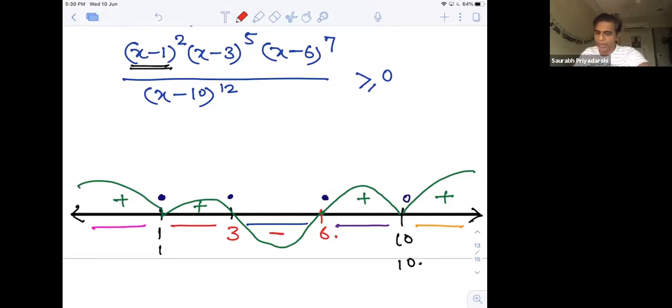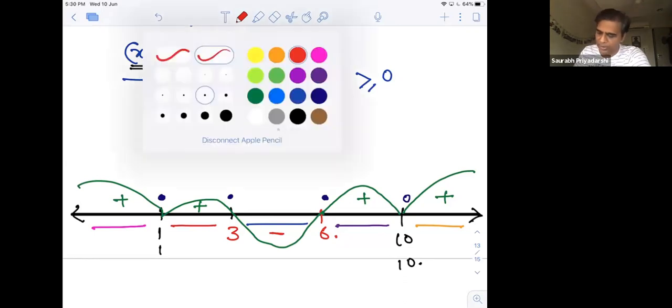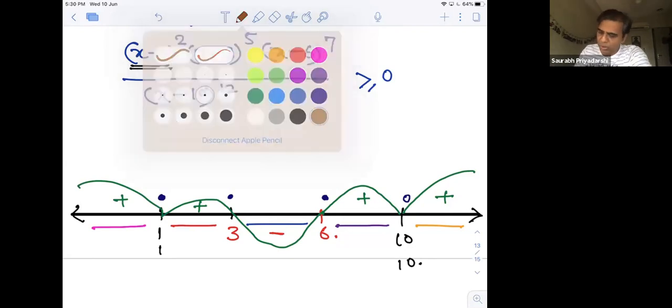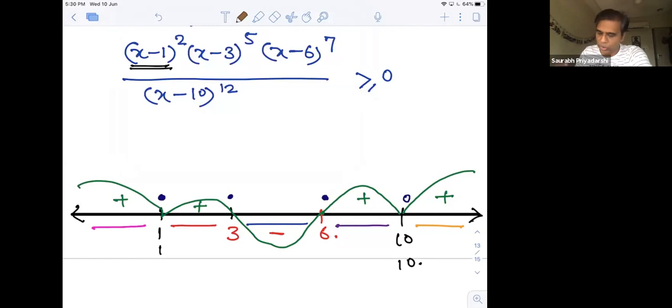Now we have to write down the answer for this. Look back at the question: greater than or equal to 0 means positive or 0. So minus infinity to 1 and 1 to 3.